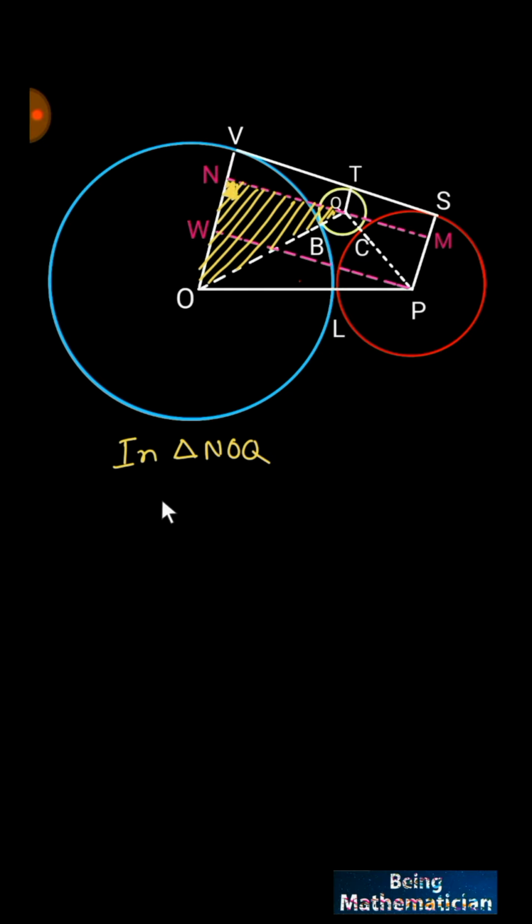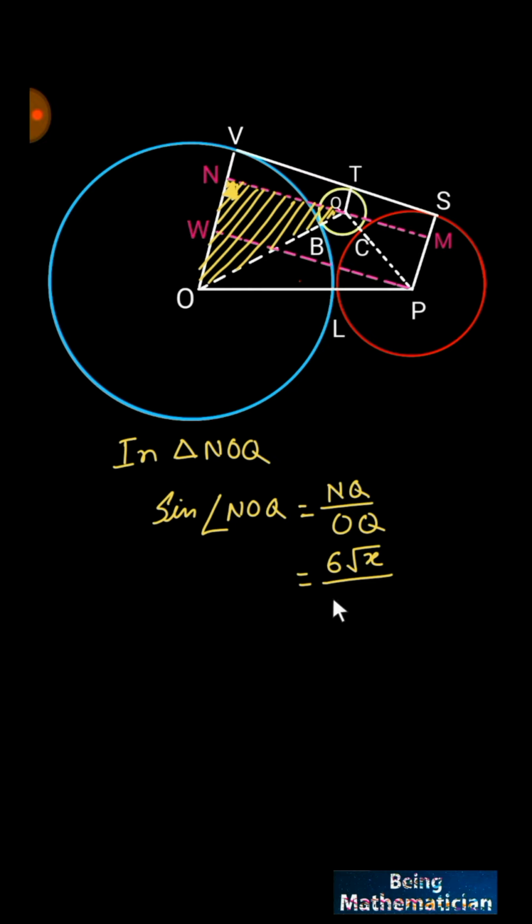So sine angle NOQ is equal to perpendicular by hypotenuse, that is NQ by OQ. Now we know that NQ is 6 root x by OQ.